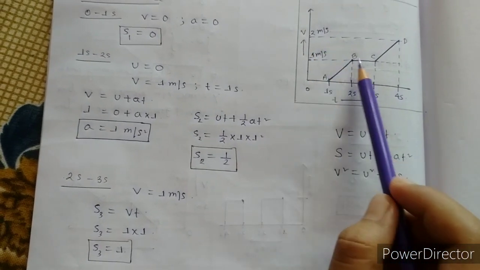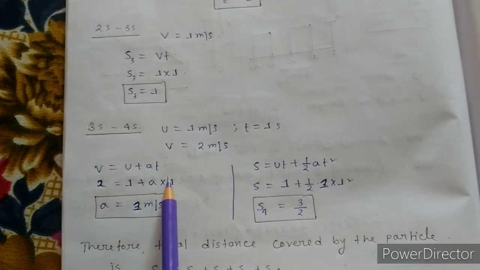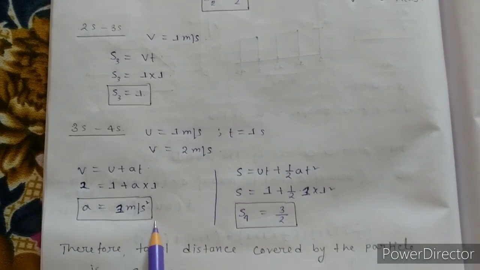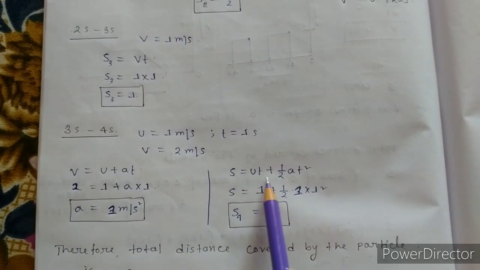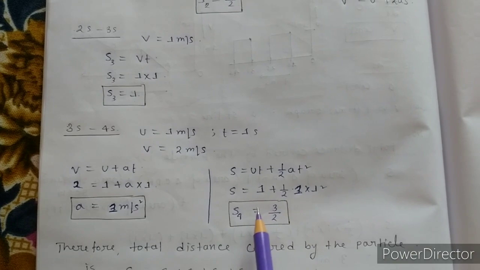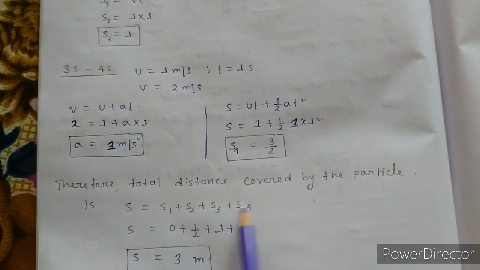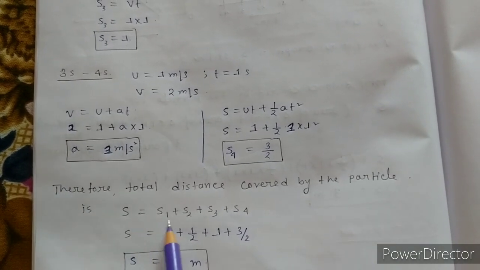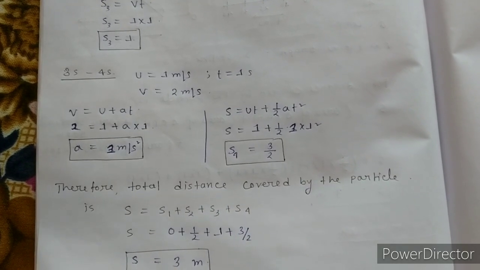Now putting the values of u and v in the equation v equals u plus at, we get a equals 1 meter per second square, and the distance covered by the particle s equals ut plus half at square equals 3 by 2 meter. So the total distance covered by the particle in 4 seconds is s equals s1 plus s2 plus s3 plus s4 equals 3 meter.